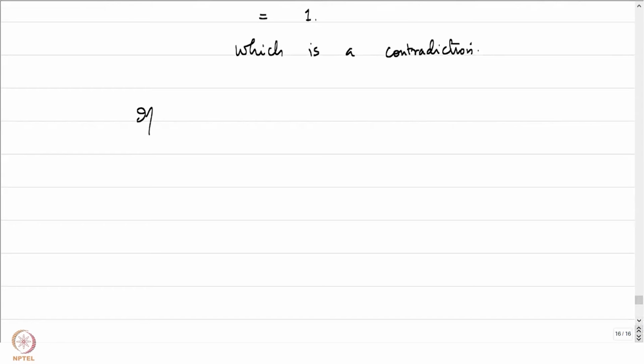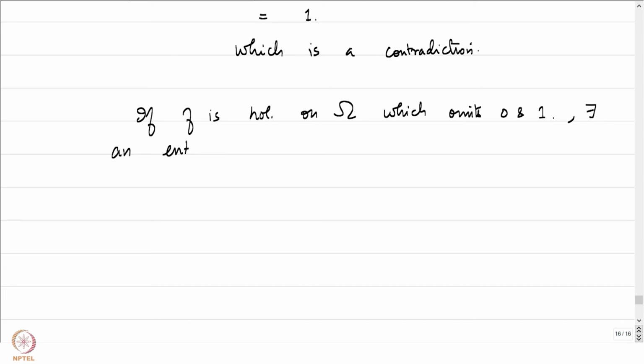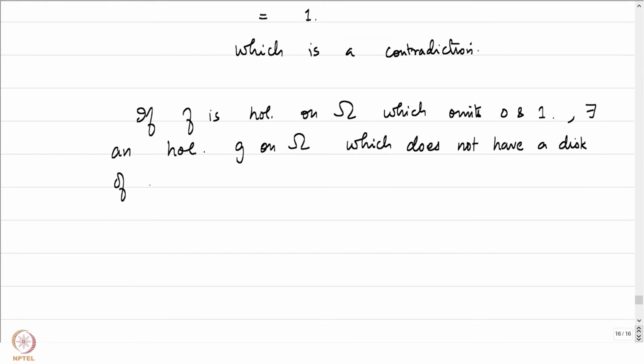Hence, if f is holomorphic on omega which omits 0 and 1, there exists a holomorphic function g on omega whose image does not contain a disk of radius 1.